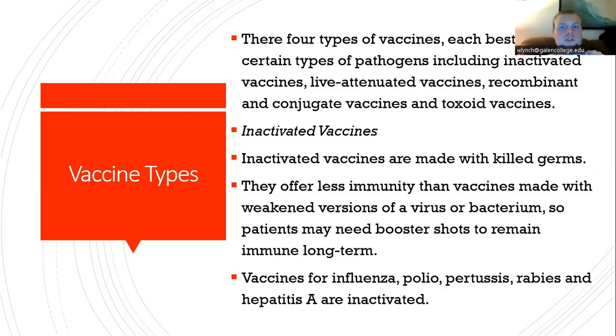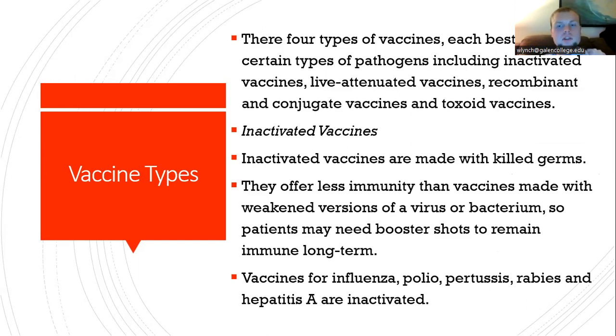That being said, there are 4 types of vaccines. First of all, we are going to start out with inactivated vaccines. Inactivated vaccines are going to be ones that are administering whatever the pathogen is, but it has already been killed before it is administered, okay? So they offer less immunity than vaccines that are made with weakened viruses or bacteria because they are still living. However, here an inactivated vaccine is one that has been killed.